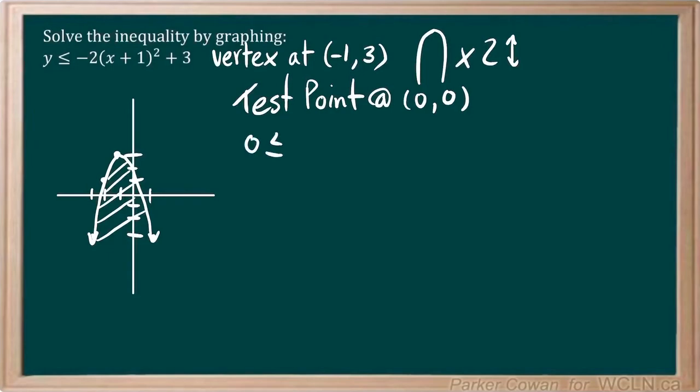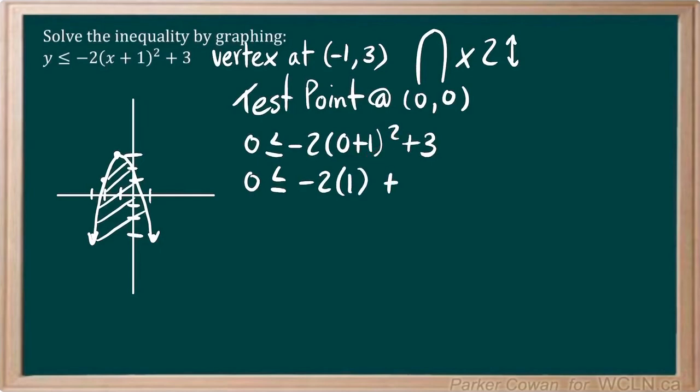So we have 0 less than or equal to -2, 0 plus 1 squared plus 3. So 0 plus 1 is just 1, and 1 squared is still 1. So we have 1. And -2 times 1 is -2. And so we have 1 is greater than or equal to 0, which is true.